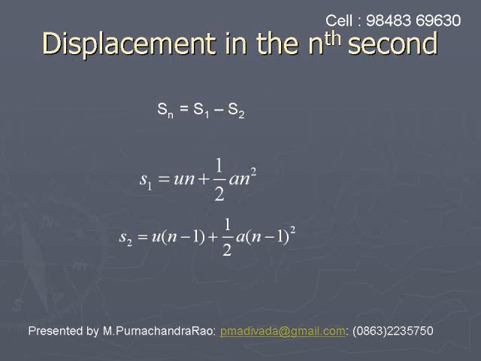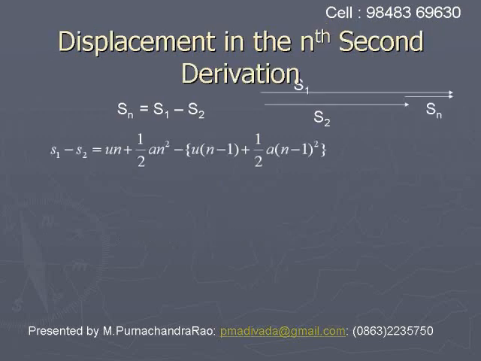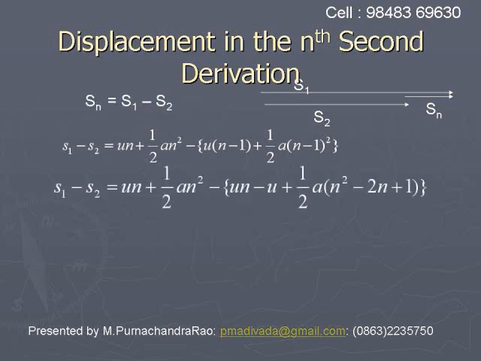Sn is equal to S1 minus S2. So S1 minus S2 is equal to un plus half an square minus [u into (n minus 1) plus half a into (n minus 1) whole square]. Let us simplify this.